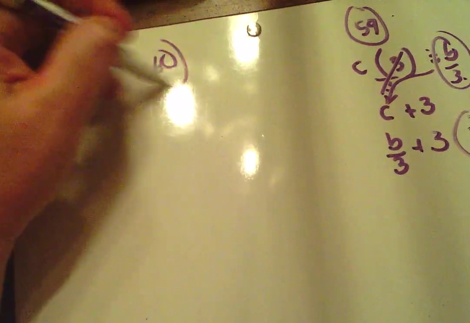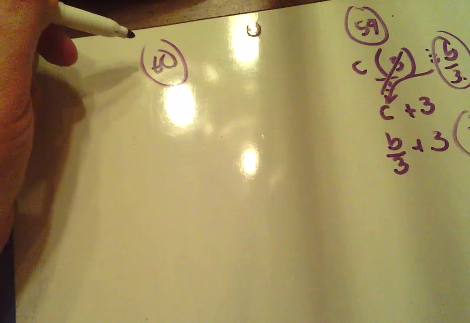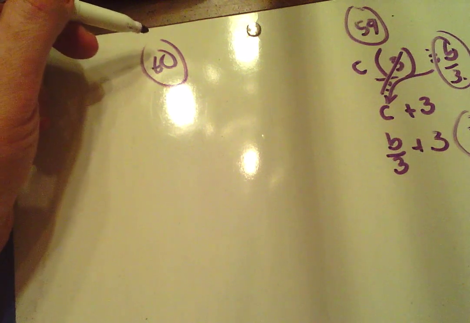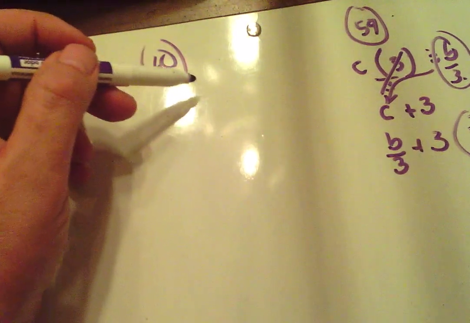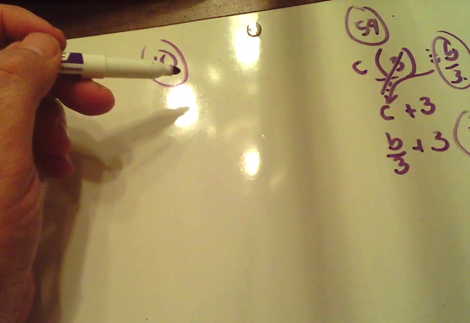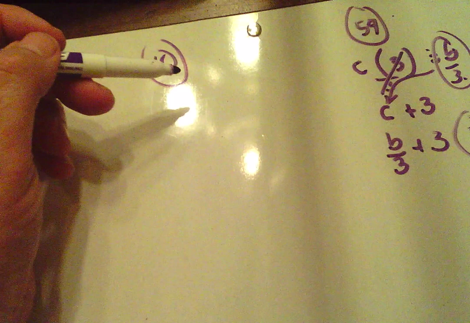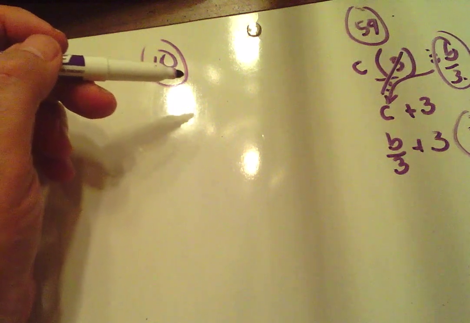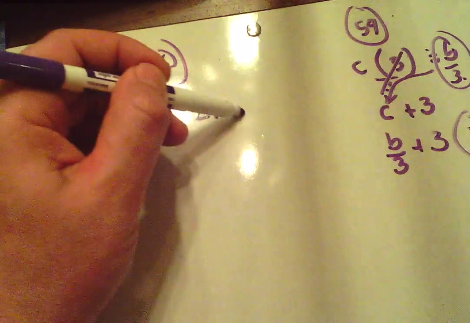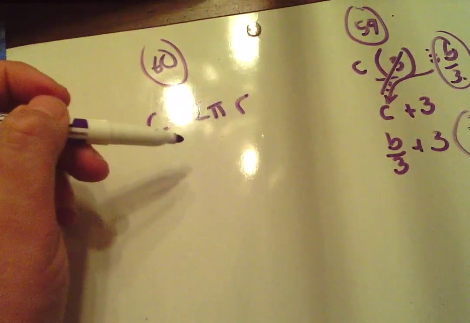And then our last problem, 60, a 3-lap race, where the radius of the course is R. Okay, and we're running around, must be a circle. Oh yes, the course is a circle. So we know that 2 pi r is the circumference of the circle.